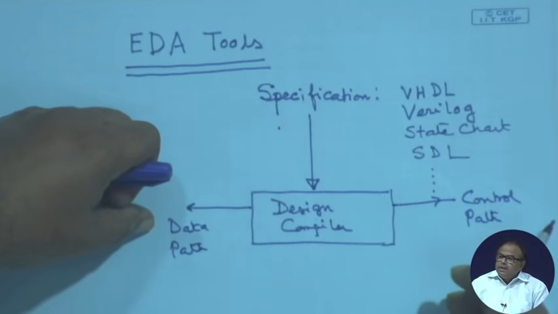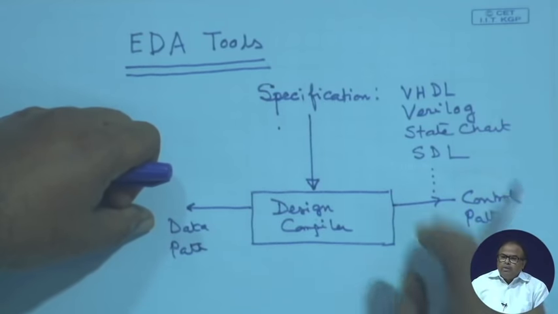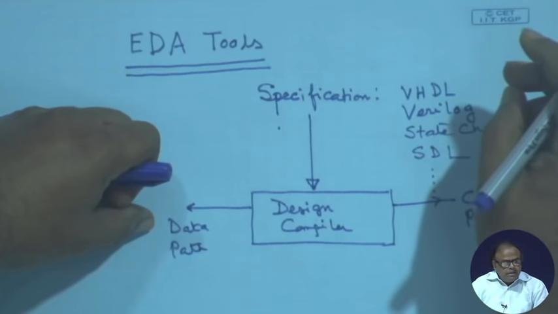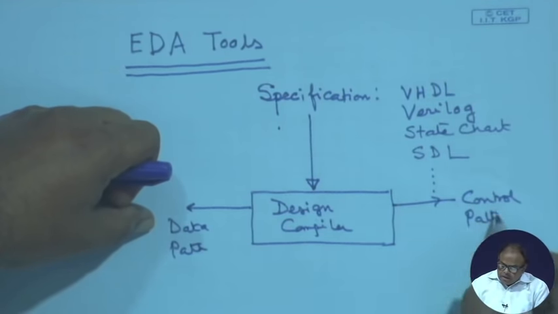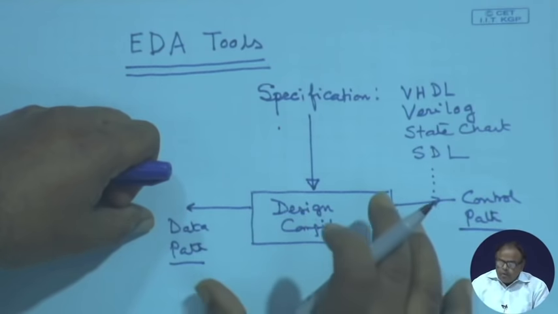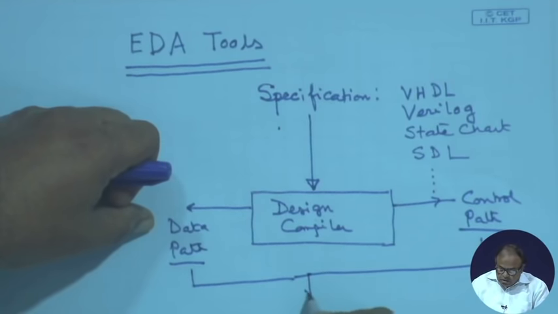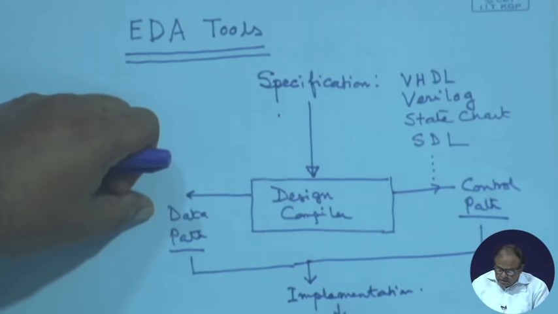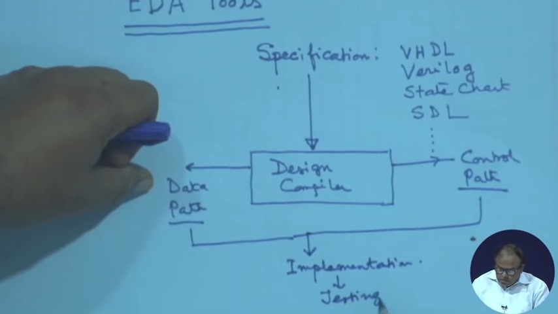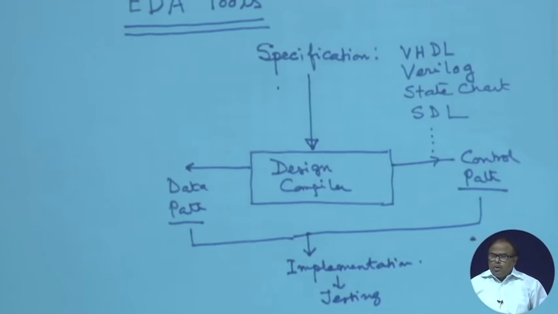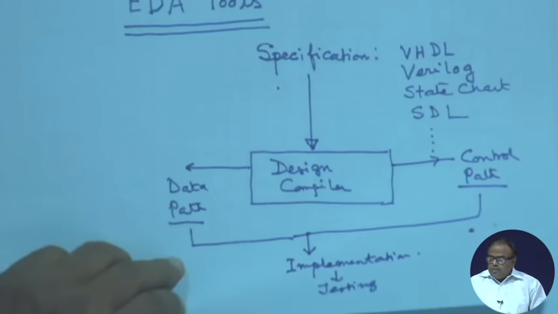So, for complicated circuits, we will not be able to handle all the optimizations manually, but after the optimizations are done, then this is brought into the actual implementation, followed by testing. Okay. That is more or less the flow of the EDA tools.